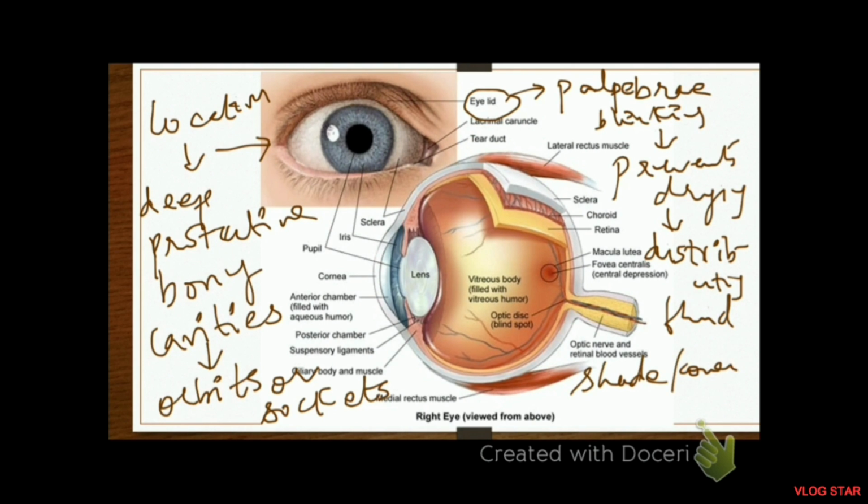It protects the eye from perspiration entering the eye or dust particles entering the eye. So that's the eyelid. Now let's jump into the different parts of the eye, the outer side as well as the interior parts of the eye.